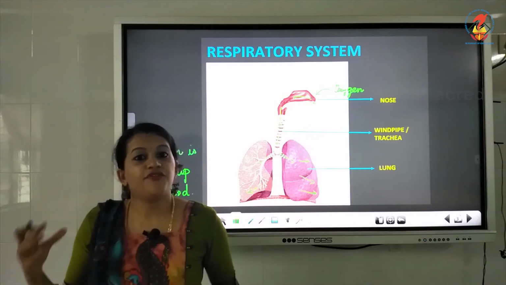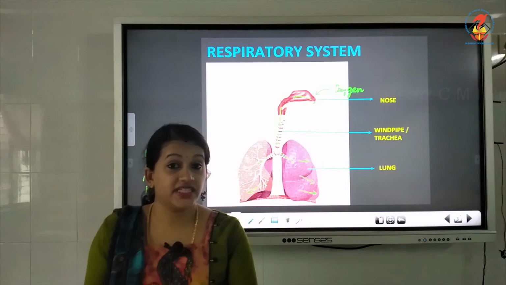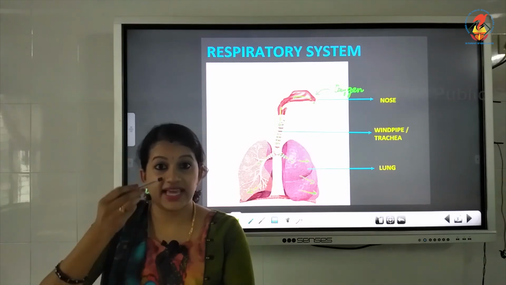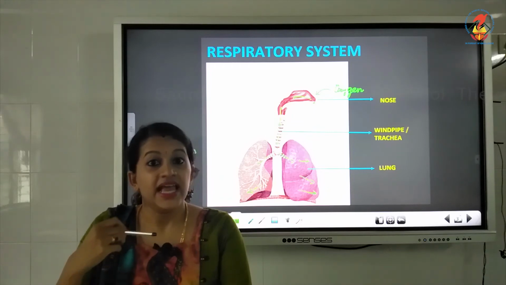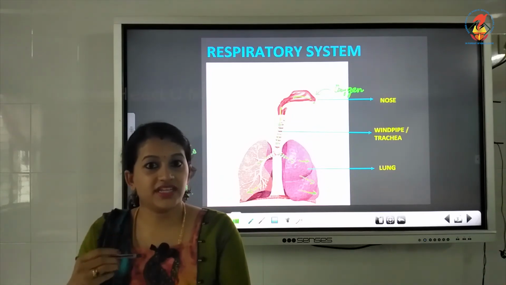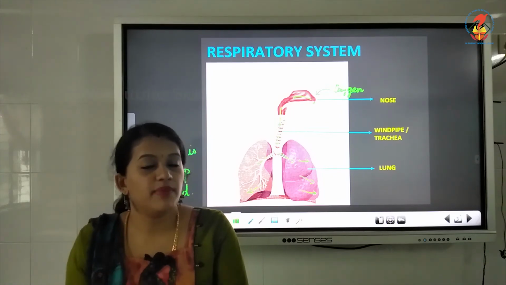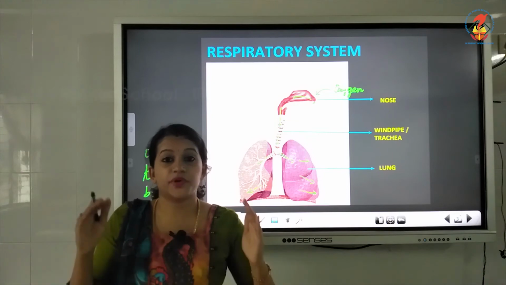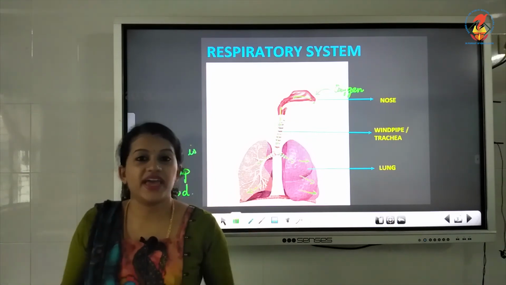And what is produced as waste material? We know that we take in oxygen, inhaled air is rich in oxygen, and you have learned that carbon dioxide is given out, isn't it? We breathe out carbon dioxide. This carbon dioxide is actually produced by all the cells in our body as a waste material.